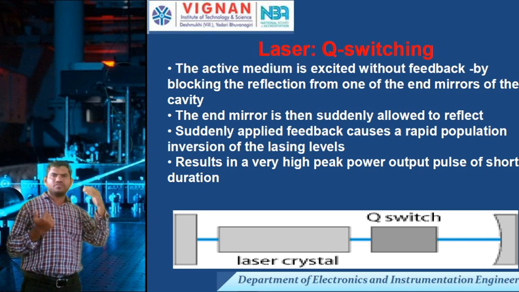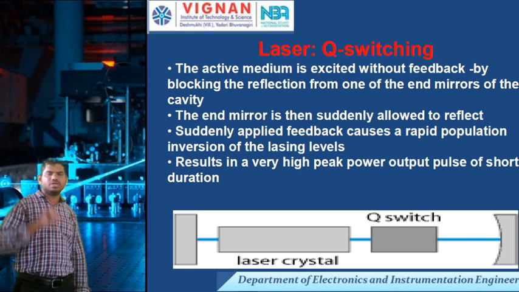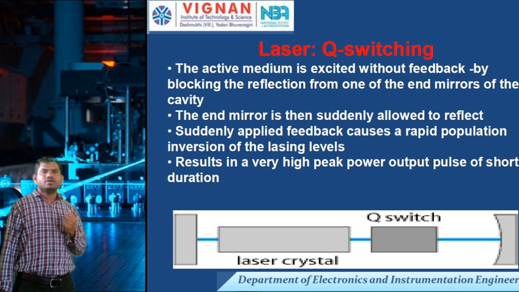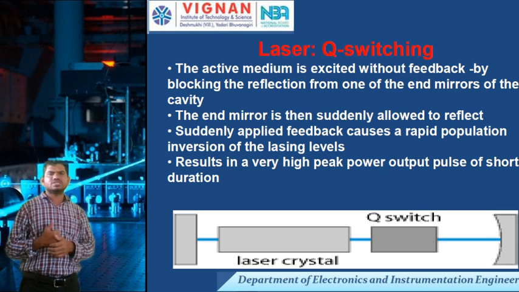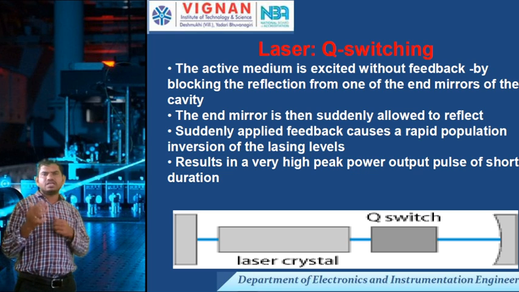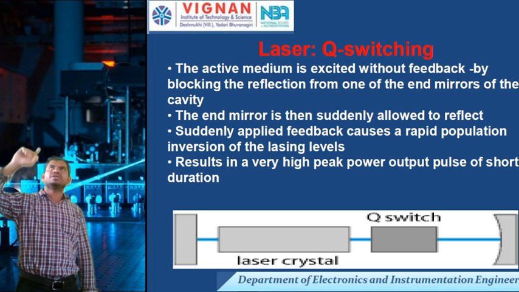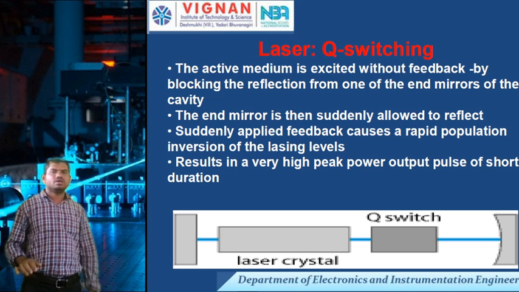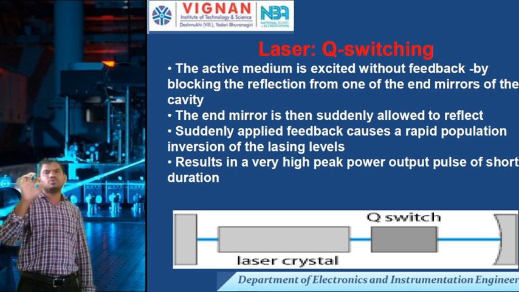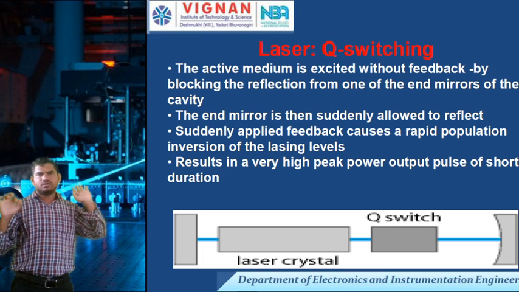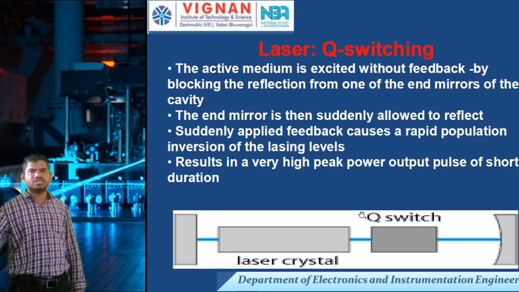Suddenly applied feedback causes rapid population inversion, and as a result a very high peak power output is obtained at the output end. This is the first one, the laser crystal.